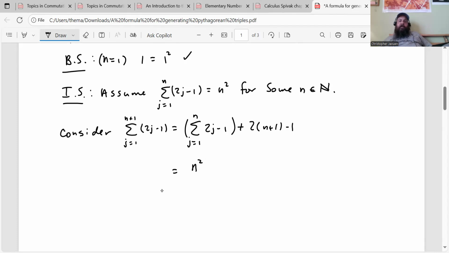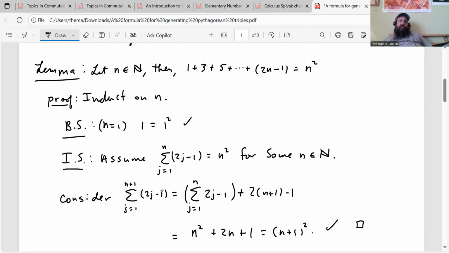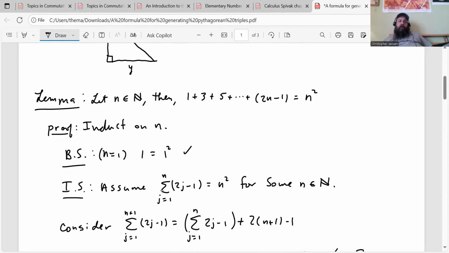And then if I simplify the 2 times n plus 1 minus 1, so distribute the 2, in other words, and then 2 times 1 is 2, minus 1 is 1, so plus 1. Notice that that's a perfect square trinomial. It factors into n plus 1 squared, right? So that means the inductive step is satisfied. So the formula here holds for all natural numbers n by mathematical induction.